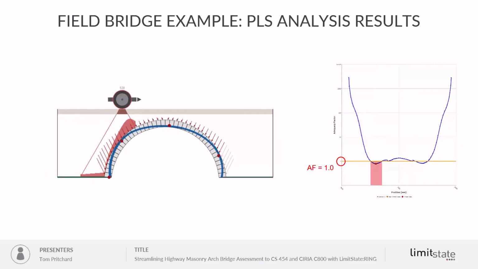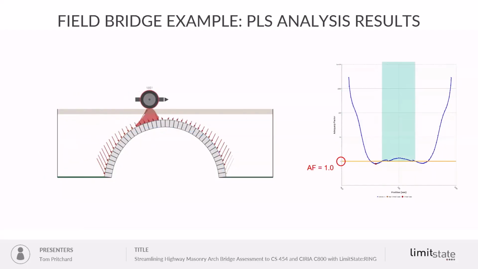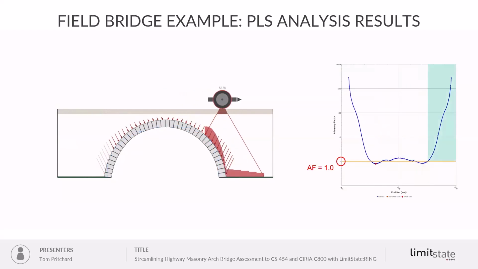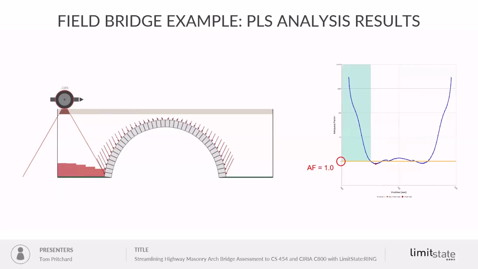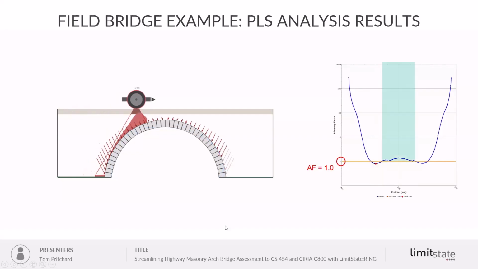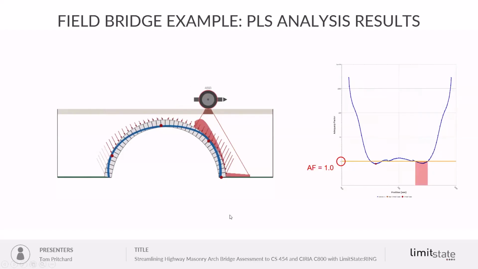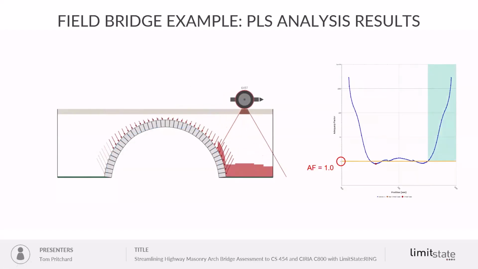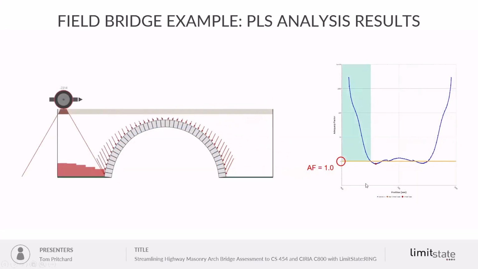So in this particular case, depending on the volume of traffic experience, we'd be concerned that the structure will show signs of degradation, as indeed we know it has done with that flattening over the left quarter span. So it's a very quick look at how Ring can help undertake that PLS analysis and how it can be used to determine useful information from that.